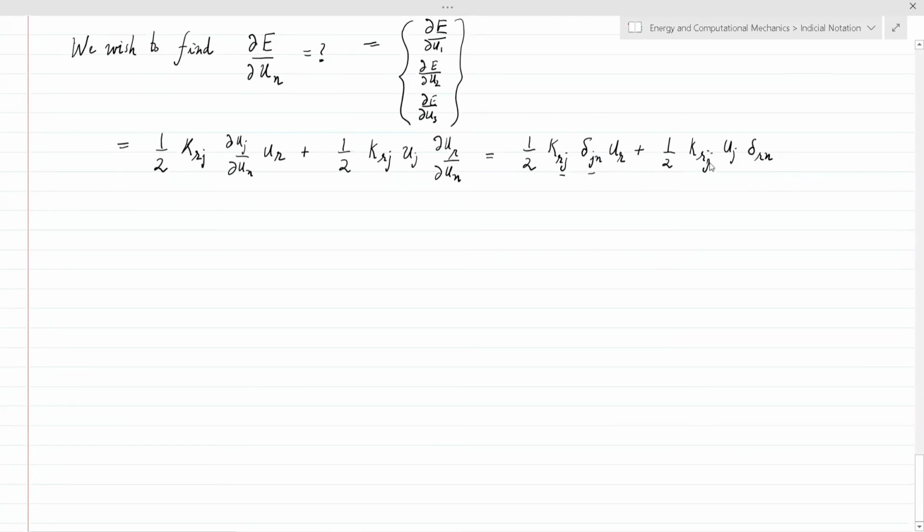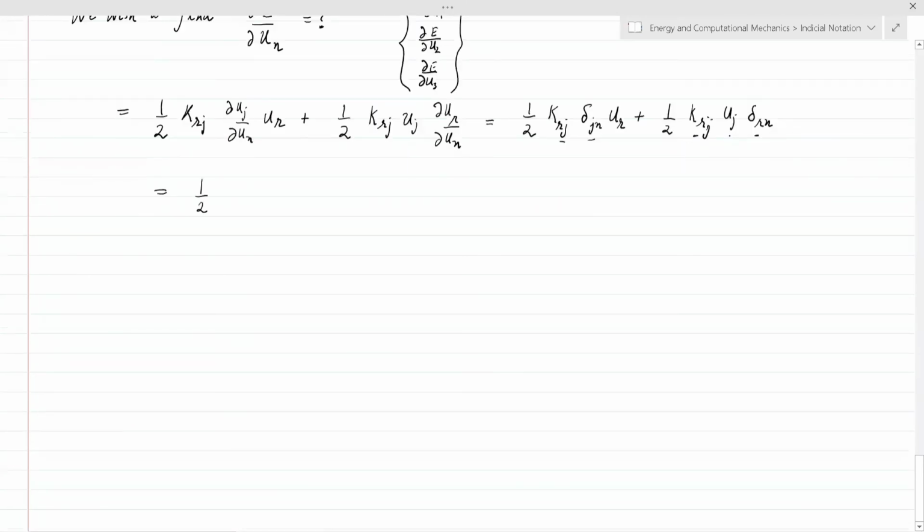I'll take here these r, cancel it out, and bring n over. And when I do that, it simplifies very nicely, because you can see here the j cancels out, the n comes over, so I get K_rn u_r, and then here you can see very nicely the r cancels out, and then n comes over, so I get 1/2 K_rn u_r plus 1/2 K_nj u_j.